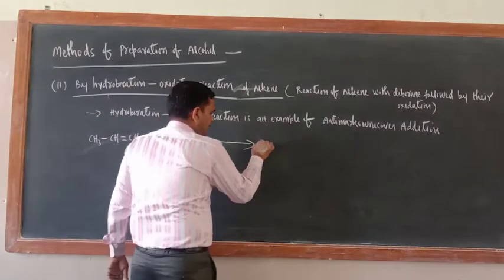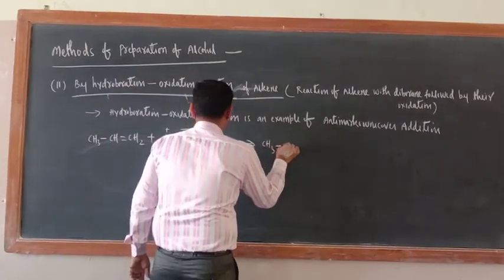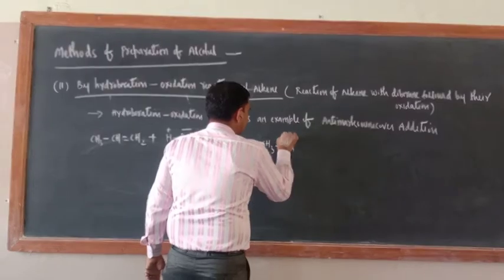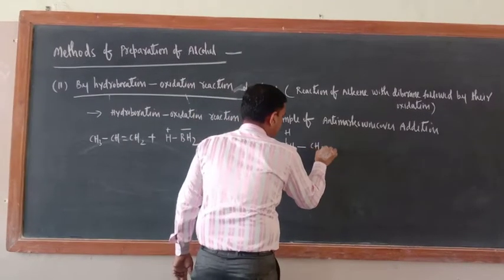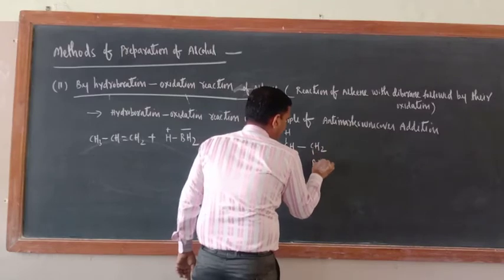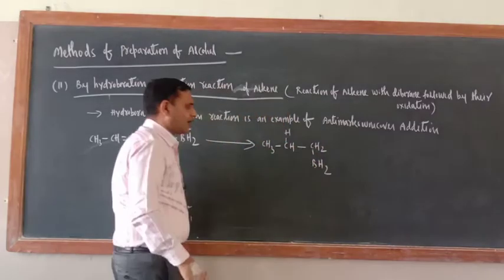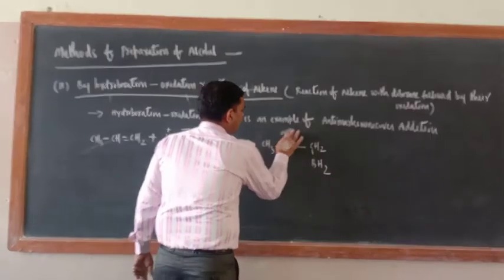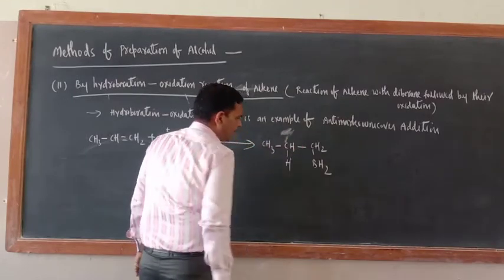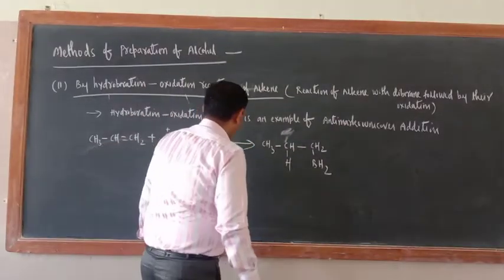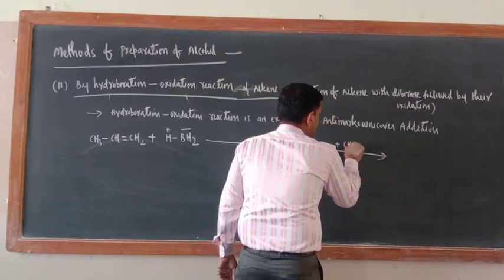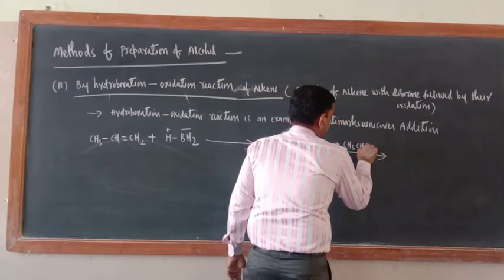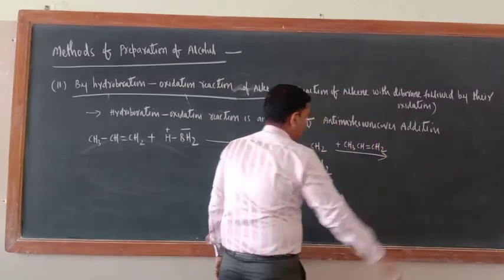So what is the product here? Just see, CH3 CH and H, and here the bond will be broken, CH2, and here BH2. Correct or not? If you are having any problem, you can add H here only. Now next time, further you add here CH3 CH double bond CH2, alkene only.